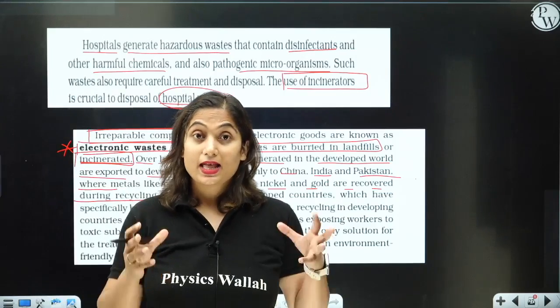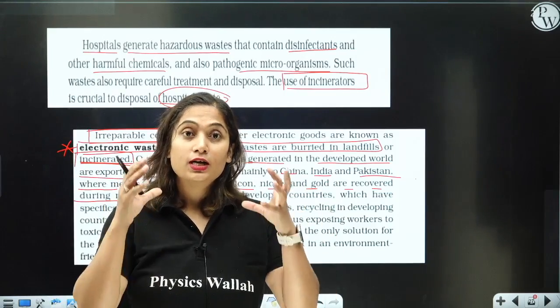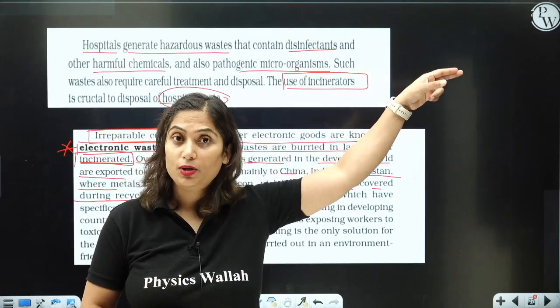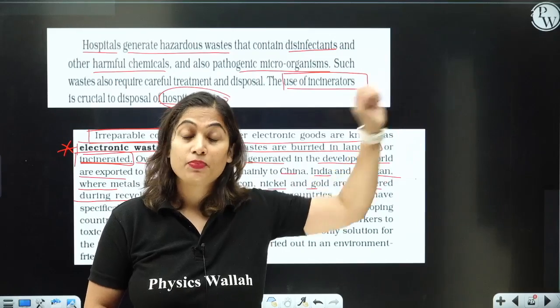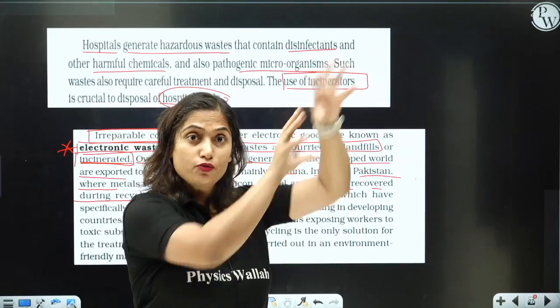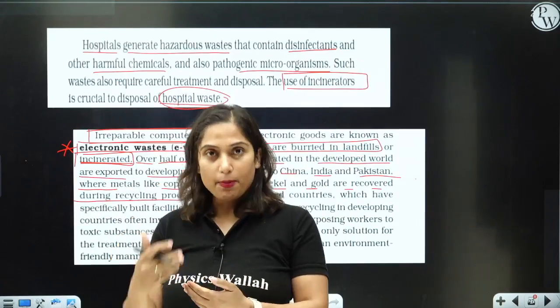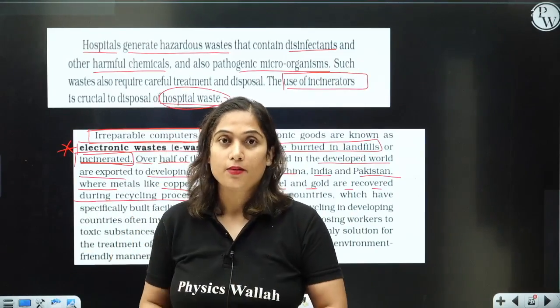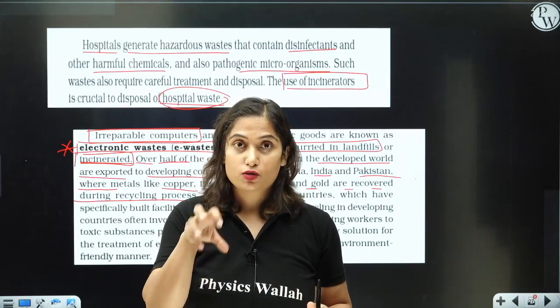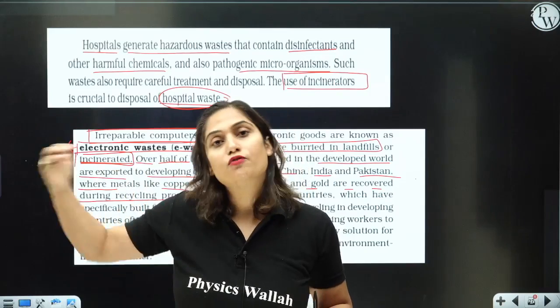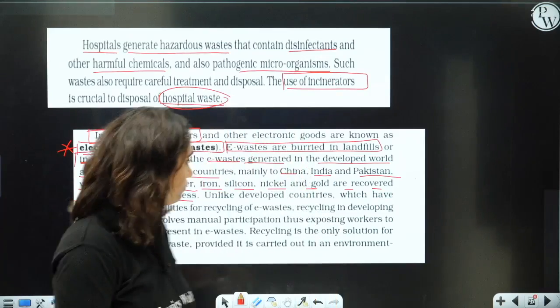It says that around half of the e-waste of the world is generated in developed countries like Russia and America, and then the e-waste from these developed countries is exported to developing countries like India and Pakistan, where we remove all the expensive metals from this e-waste and use them again and again.